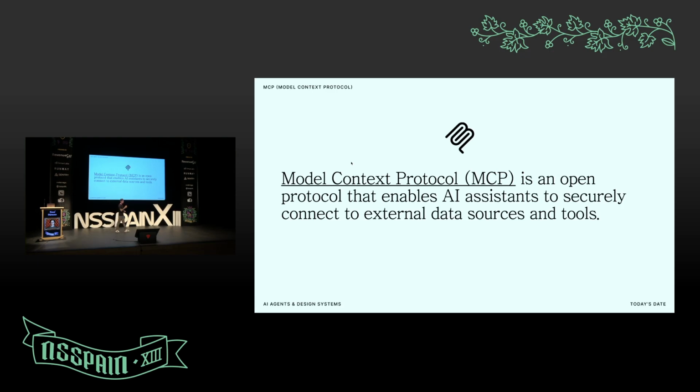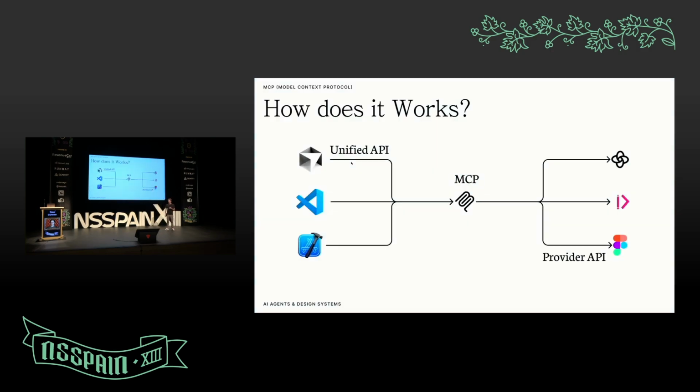These are tools that don't have a CLI, but you need the context from them to be able to perform your work. So the way it works, more or less, is this. We have a unified API, and your agent is going to be calling it, and it can connect to all those tools. In these three samples, that's Supernova, ZeroHeight, and Figma.